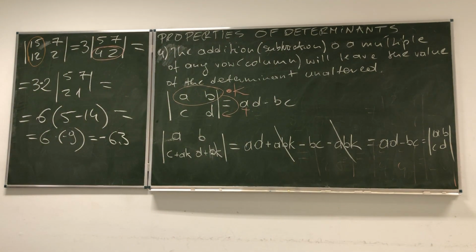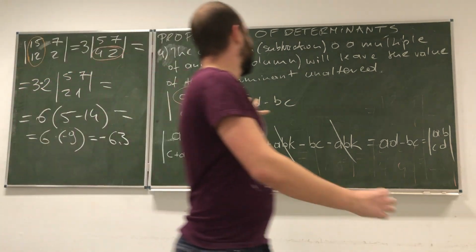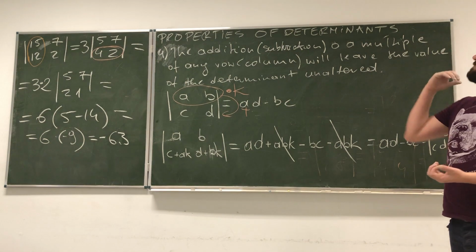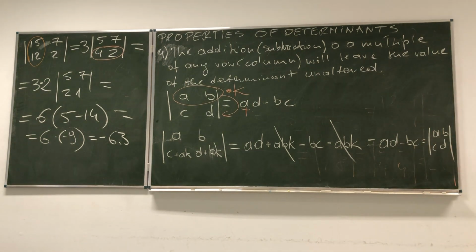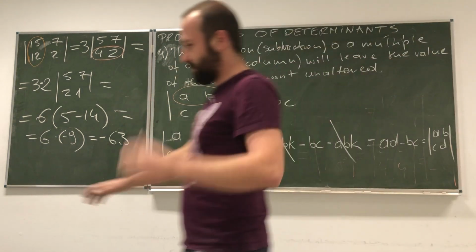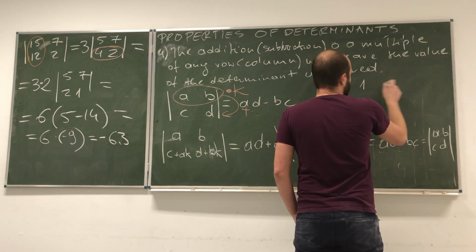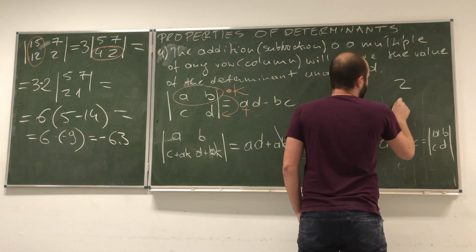Okay, so as you see, this is an extremely powerful property. It actually tells us that we can take any row or any column, multiply it by any number, add it to another row or a column, and we will get the same value of the determinant. How do we usually use it in math problems? Imagine that you have a determinant in which you have 1, 2, 4, right?